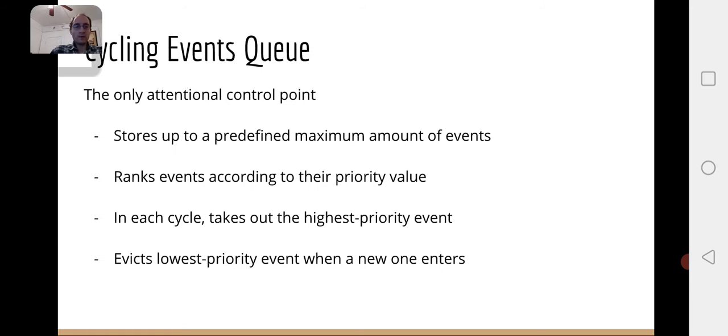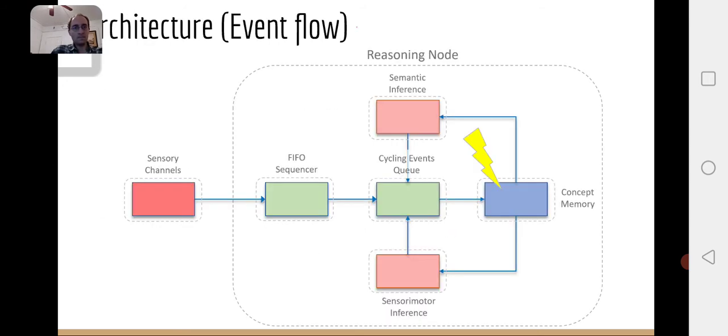In each cycle, it takes out the highest priority event and evicts the lowest priority events when a new one of higher priority enters. So we took out an event from the cycling events queue, and now we will see what to do with it in concept memory.